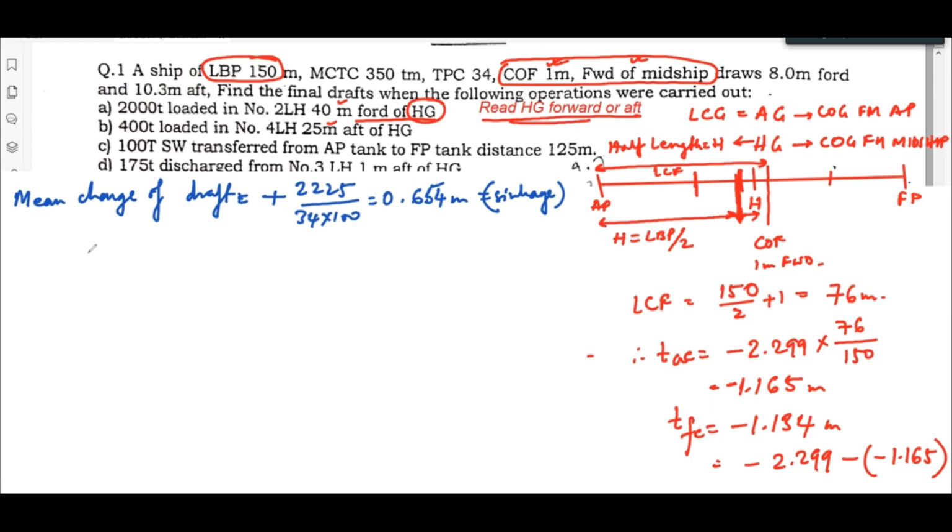So final step. Initial draft 8 and 10.3.